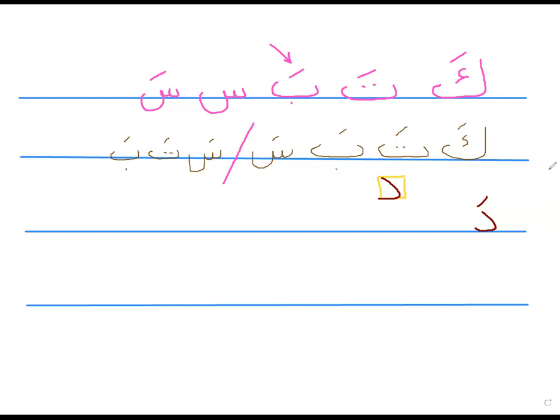So now I'm going to write the dal here beside all the letters up. So we learned the ka, ta, ba, sa, and as well the da. Remember that the direction of the fatha is like this, not like this.